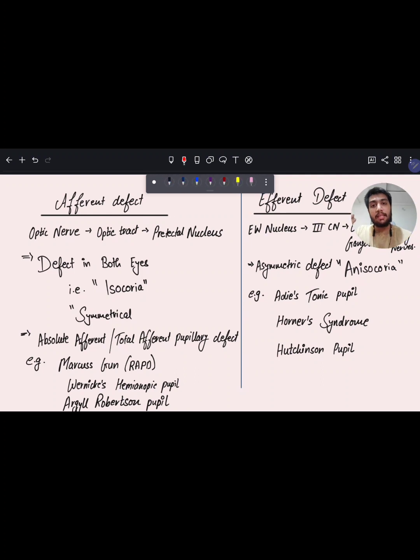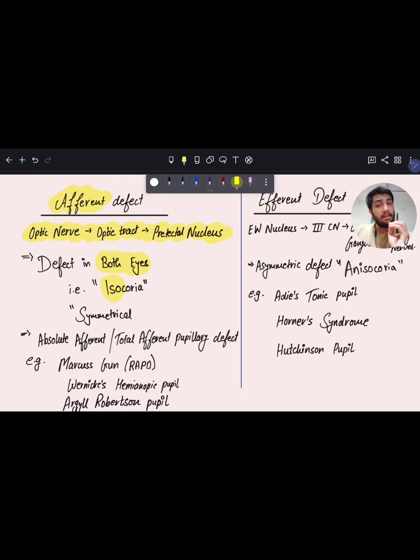So whenever there is a lesion with an afferent defect, what is the afferent pathway? The afferent pathway goes from the optic nerve to the optic tract to the pretectal nucleus, right. So if there is any defect in this pathway, then there will be a defect in both the eyes, and it will be called isocoria because it is the same, it is bilateral and symmetrical.